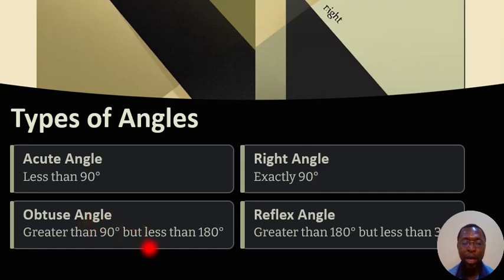As long as it is greater than 90 but less than 180, it is an obtuse angle. And the last one is the reflex angle. Reflex angles are angles that are greater than 180 degrees but less than 360 degrees. So these are the various types of angles that we have.